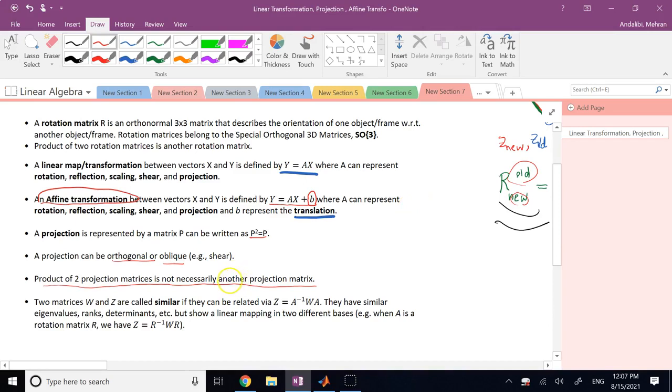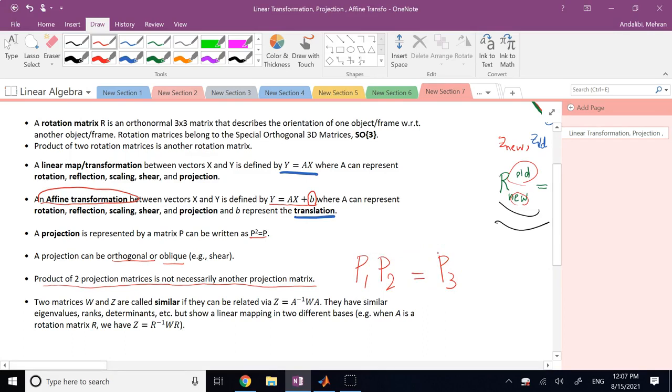Not for projection. If you basically do two separate projection matrices, one x and one y, let's say, and multiply them together, the result might not necessarily be another projection matrix. So if P1 is a projection and P2 is a projection, the product of them, P3, is not necessarily going to be a projection matrix. Okay, so just keep that in mind.